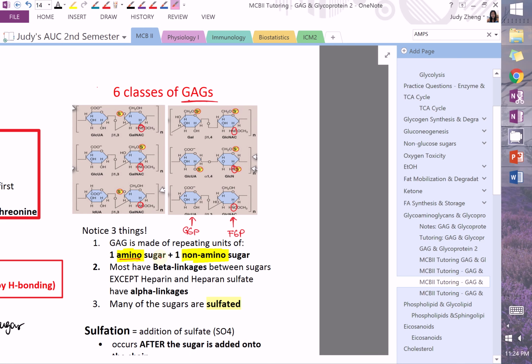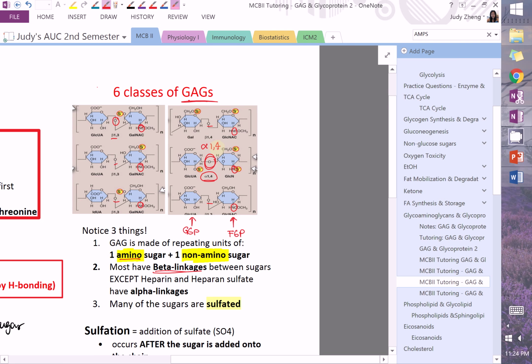Another thing to notice is most of them are connected by beta linkages. As you notice here, it's a beta linkage, and all of them here are beta linkages. All except for one over here. This is an alpha 1,4.